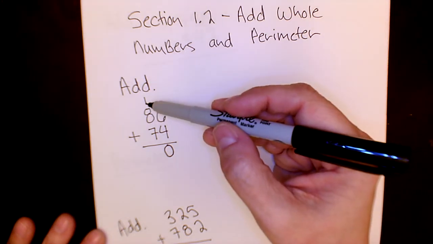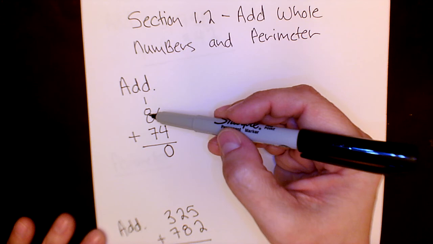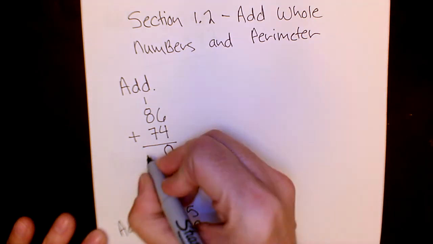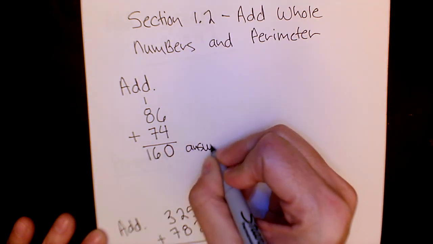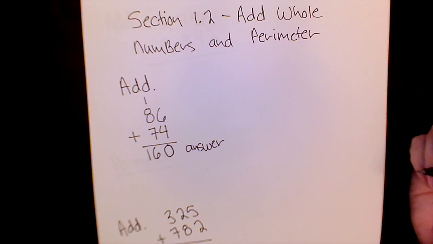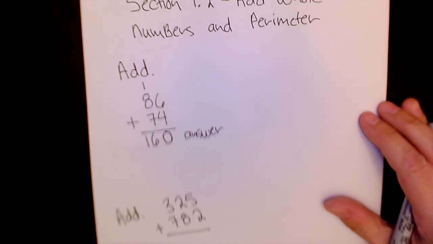And we're going to add down: 1 plus 8 is 9, and 9 and 7 is 16. So 160 is our answer. And of course, if you want to take out your calculator, you can check it on your calculator. It's always good to check on your calculator.